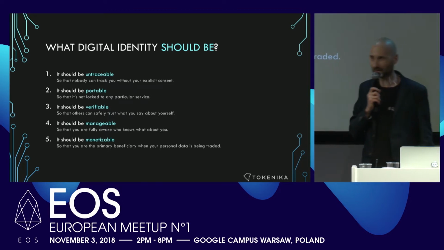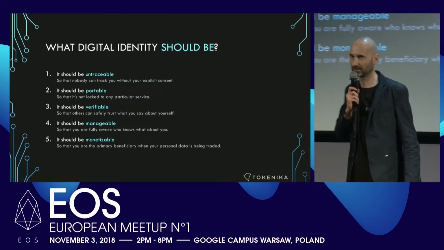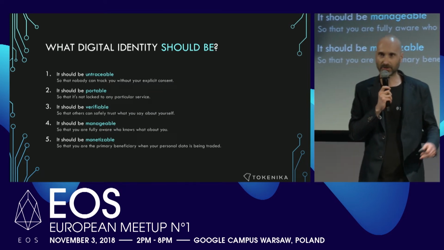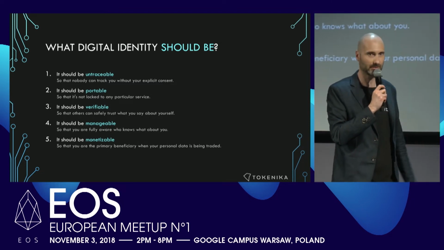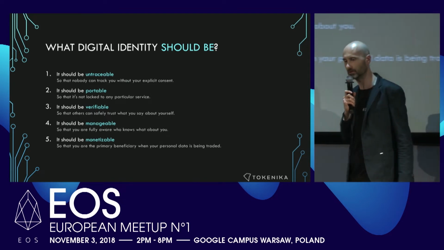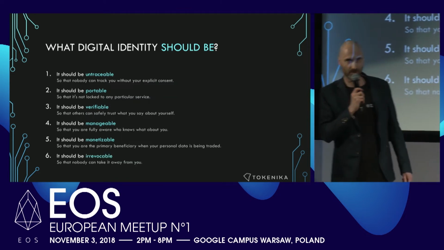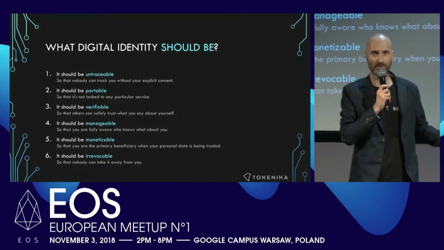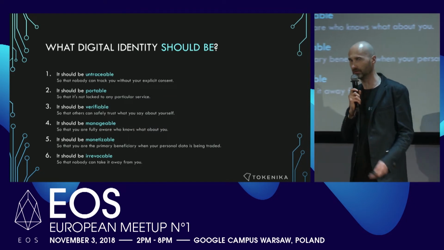Obviously personal data is already monetizable, but the point is we as the users are not involved in this process. It's going on behind our backs. Ideally, we should be the primary beneficiary of this monetization. And last but not least, it should be a lifetime property. Nobody should be able to take away our digital identity.